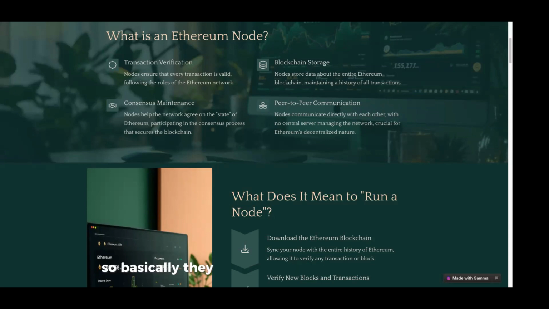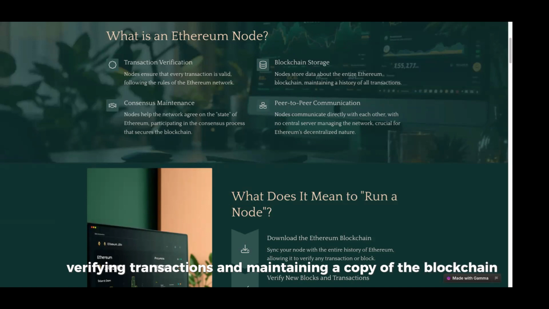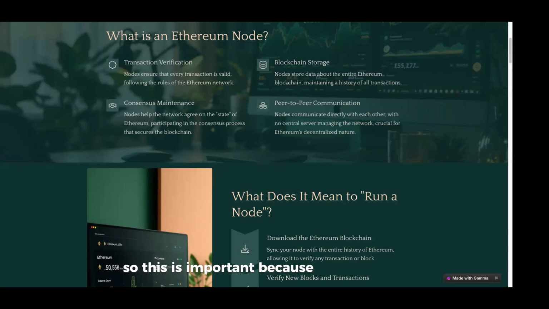So basically they act as participants in the blockchain, verifying transactions and maintaining a copy of the blockchain. This is important because it ensures that new transactions or blocks follow the rules set by the Ethereum protocol. And an Ethereum node basically verifies transactions.